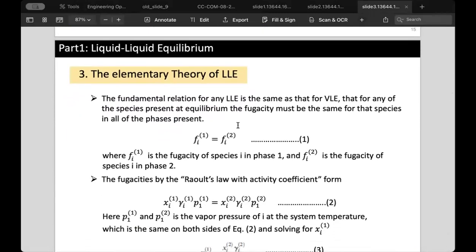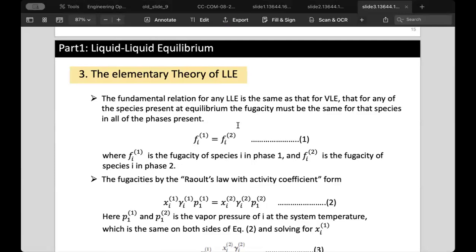Okay, now we want to model the liquid-liquid equilibrium. Remember that for VLE, we model it by setting the fugacity of each component in each phase equal. The same for liquid-liquid equilibrium. We have two phases.